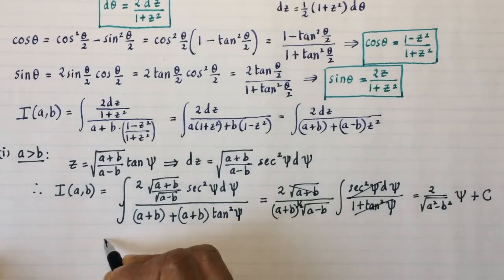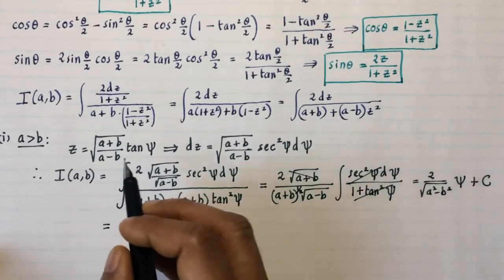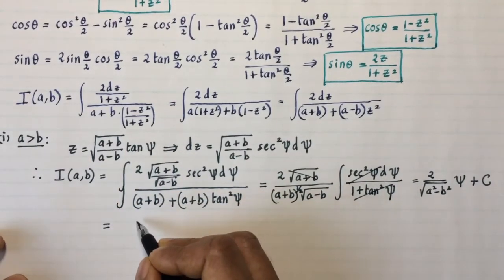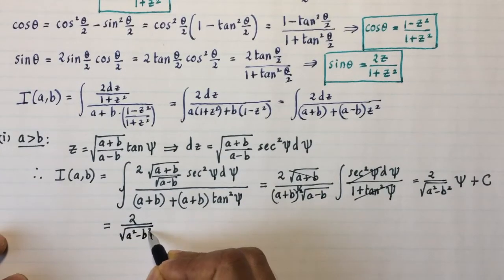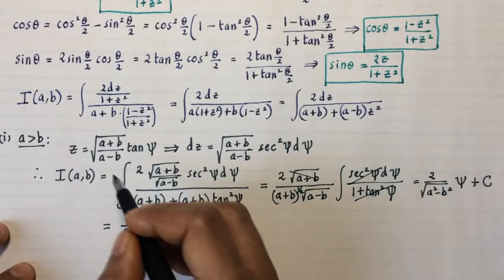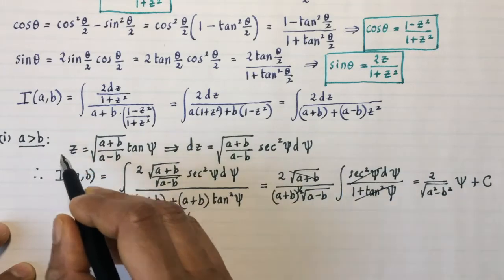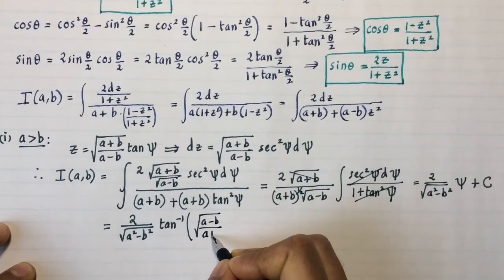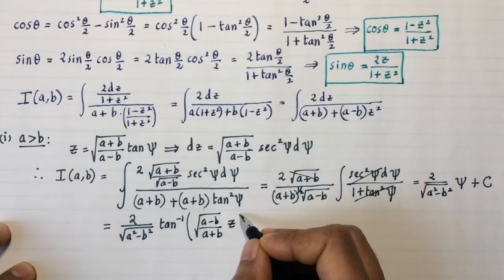Now let's take a moment to back substitute everything. So psi is given by the arctangent of all that. So this is going to be an interesting process. So it's going to be 2 over the square root of a squared minus b squared times the arctangent of this huge thing. So now when I move it to the other side, I get the a minus b above, of z plus c.